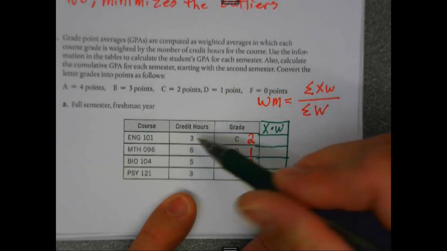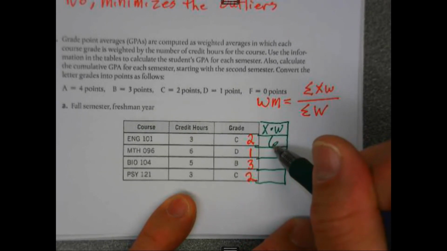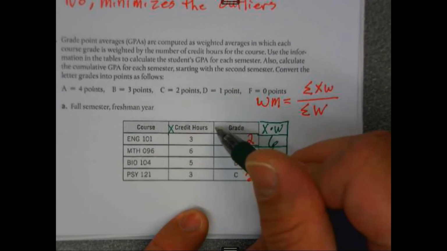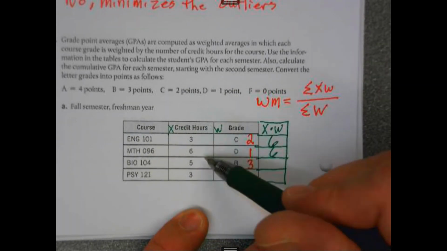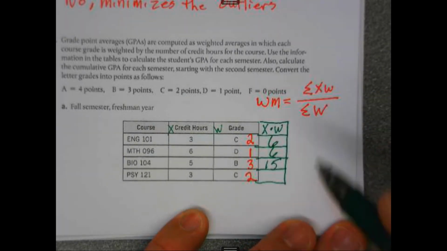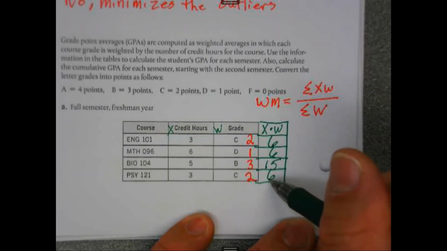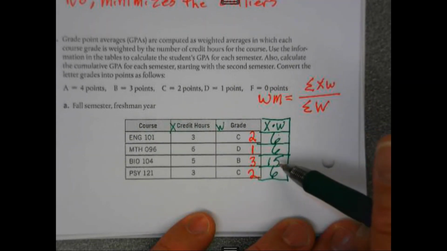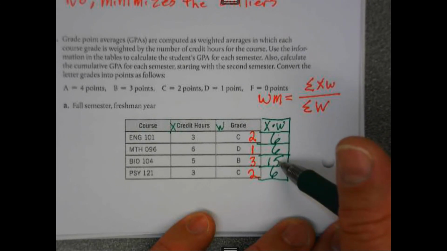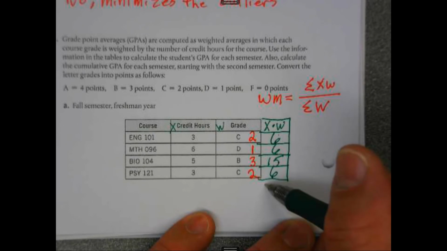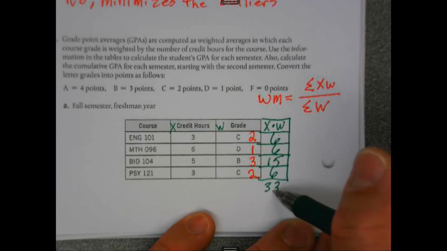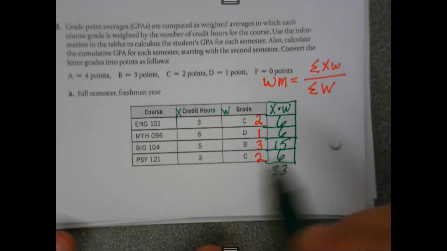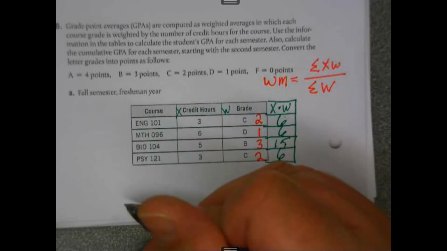X times W: 3 times 2 is 6. 6 times 1 is 6. This is my X, that's my W. 5 times 3 is 15. 3 times 2 is 6. If I add all these together, 6 plus 6 is 12. 12 plus 15 is 27, plus 6, 33. Better double check that. 21 and 12. Yep. So the summation is 33.